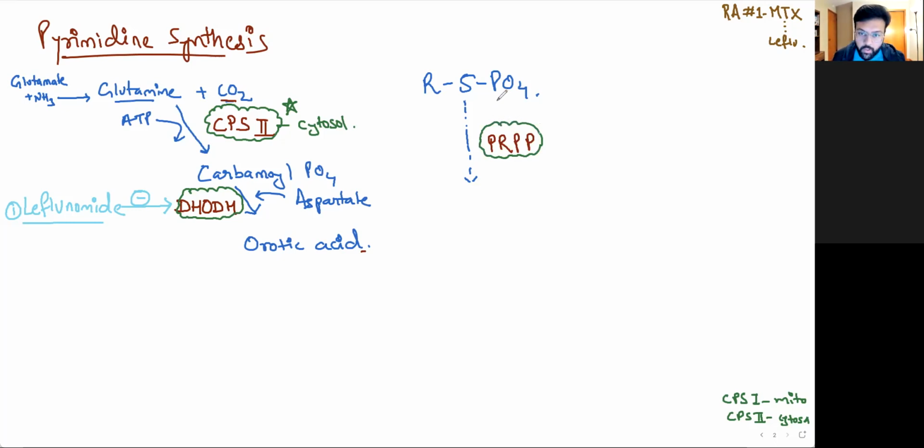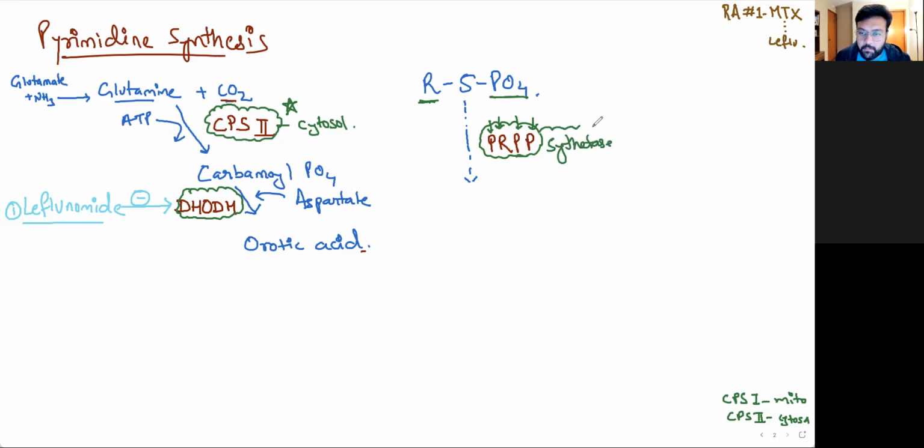Look at this: phospho, ribosyl, pyrophosphate. Wherever you hear the word pyrophosphate, that means it's adding 2 phosphates. Pyrophosphate, that's just fire. It's lighting up ribose 5 phosphate. So phosphoribosyl pyrophosphate synthetase, PRPP synthetase.